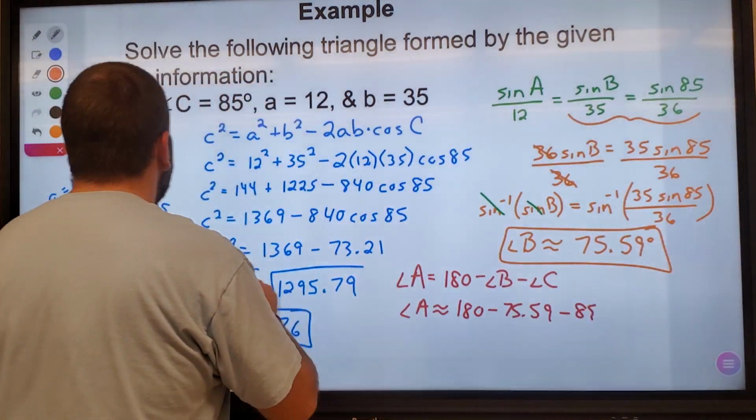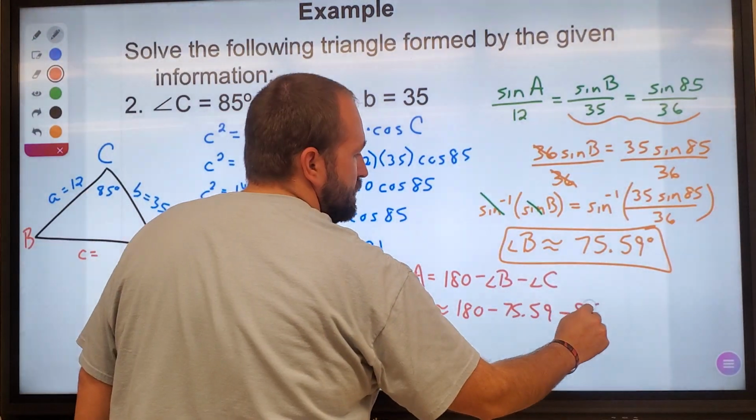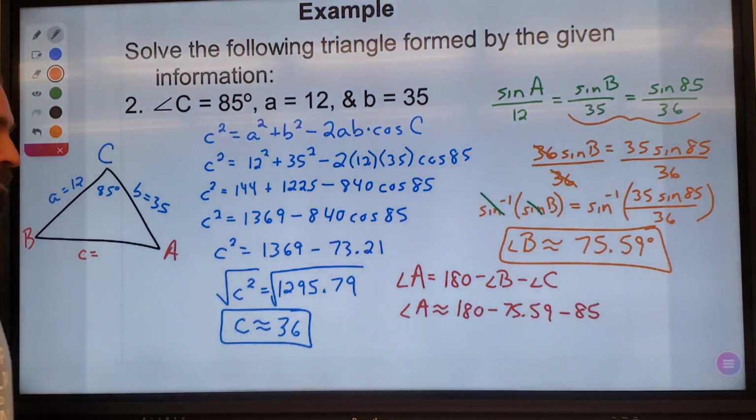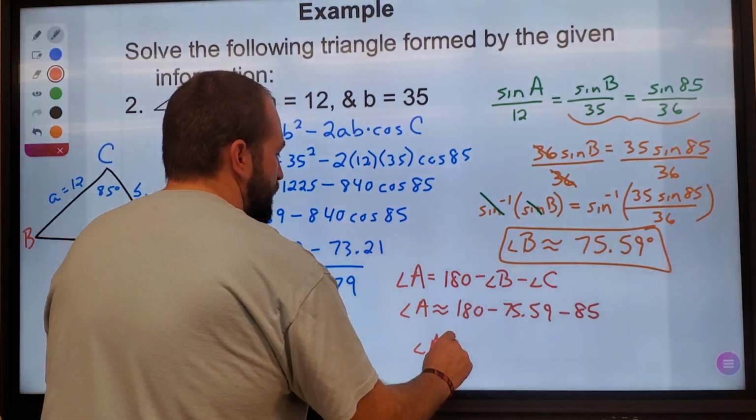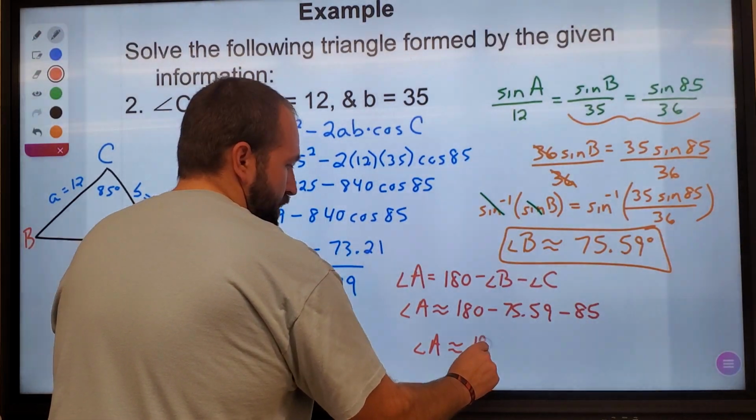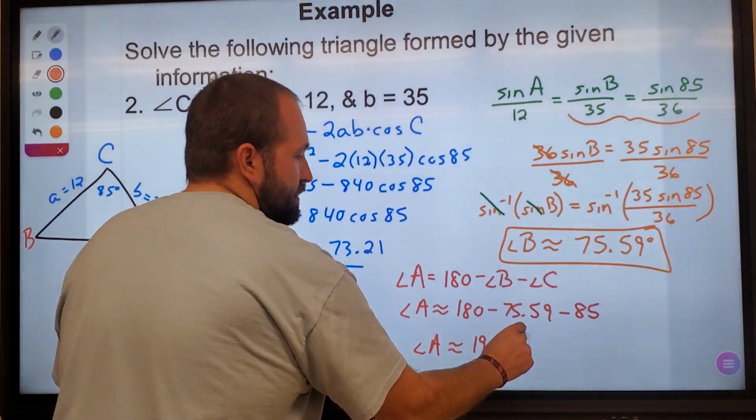And again, approximately here because of the fact that B is a rounded off decimal. Okay, so angle A is then approximately 19.41 degrees.